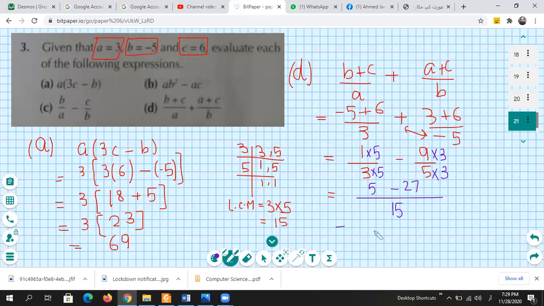So 5 minus 27: we know that the sign of the 5 is positive and the sign of the 27 is negative. When the signs are opposite, we subtract. So 27 minus 5 gives you 22, and obviously we will write the sign of the greater number, so it will be -22 over 15. And this fraction is -22 over 15.